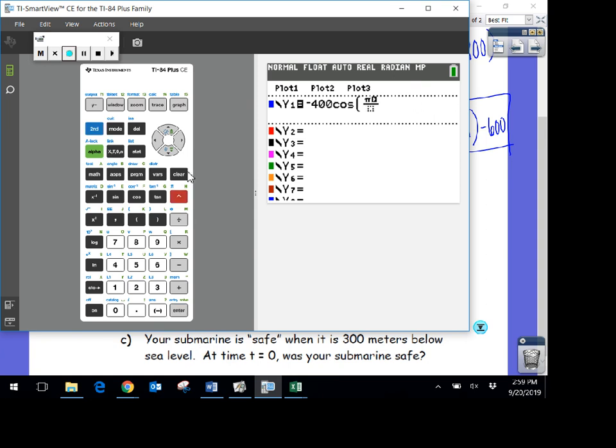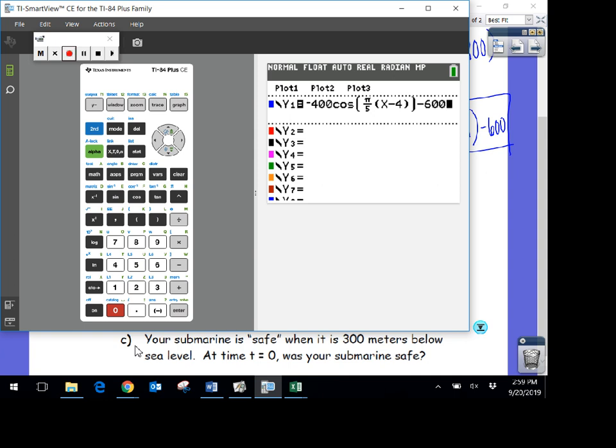So 2 pi, what do we get, over 5. And then open your parentheses again for your x minus 4. Close, close. Very important to close, close right there. However many times you open, you have to close, or that minus 600 is going to be included in that parentheses, and we don't want that.